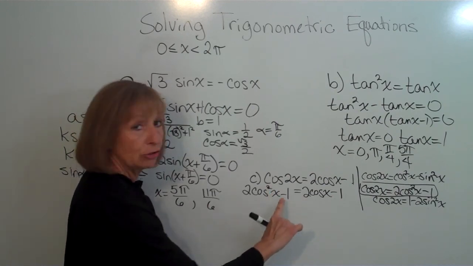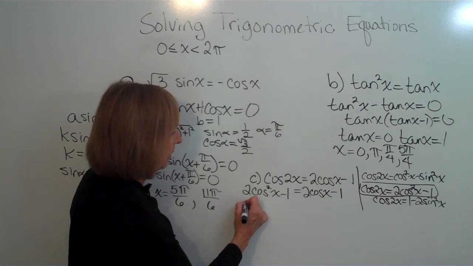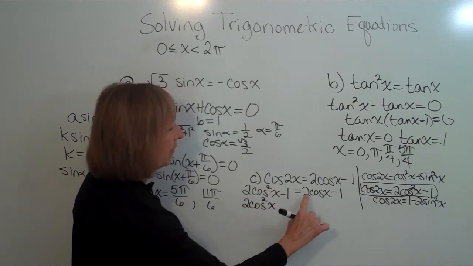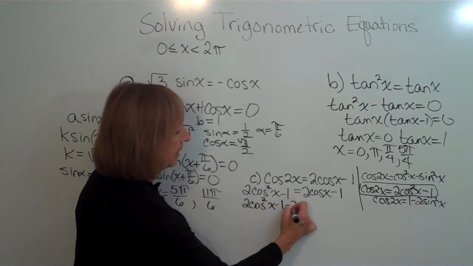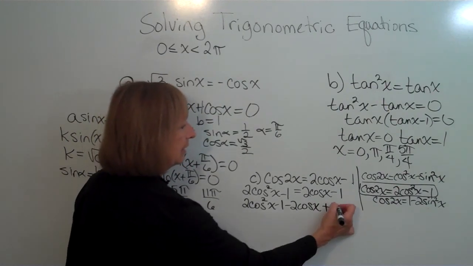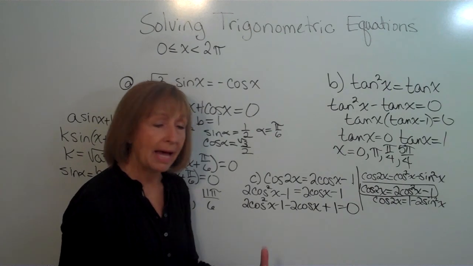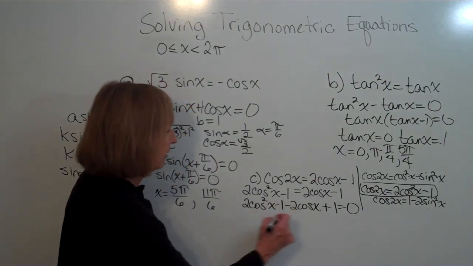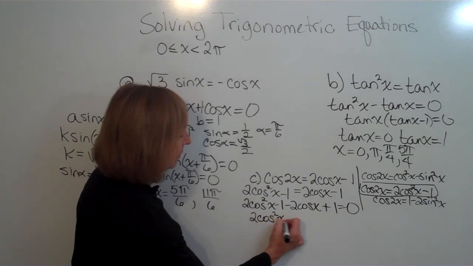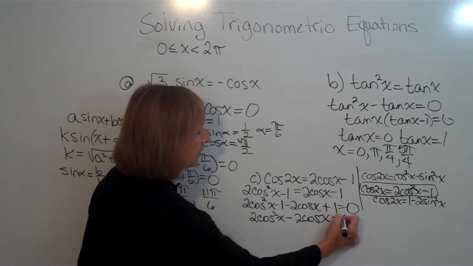All right, now it's quadratic in cosine x, so I want everything on one side set equal to 0. So that's 2 cosine squared x, and then minus 1 minus 2 cosine x plus 1 is equal to 0. And then my negative 1 and my plus 1 combine and remove, and so I'll have 2 cosine squared x minus 2 cosine x is equal to 0.